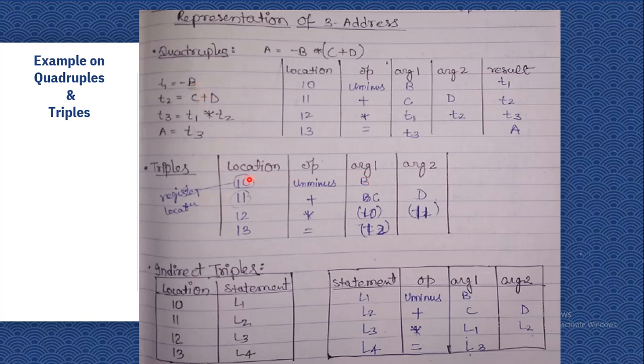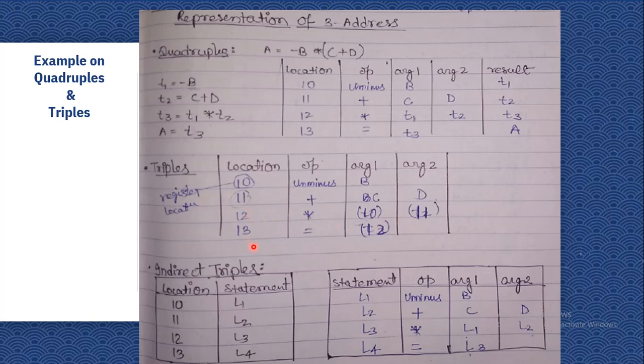Unary minus of b is stored in the location of 10, while argument 2 is t2, which is the addition of c plus d, stored on the memory location of 11. So memory location 11 cross memory location 10 is stored on the memory location of 12.